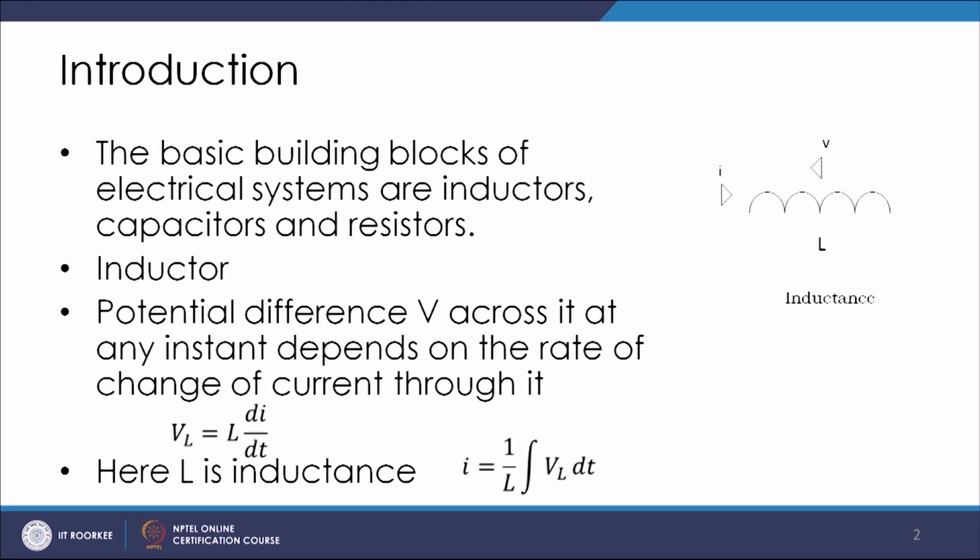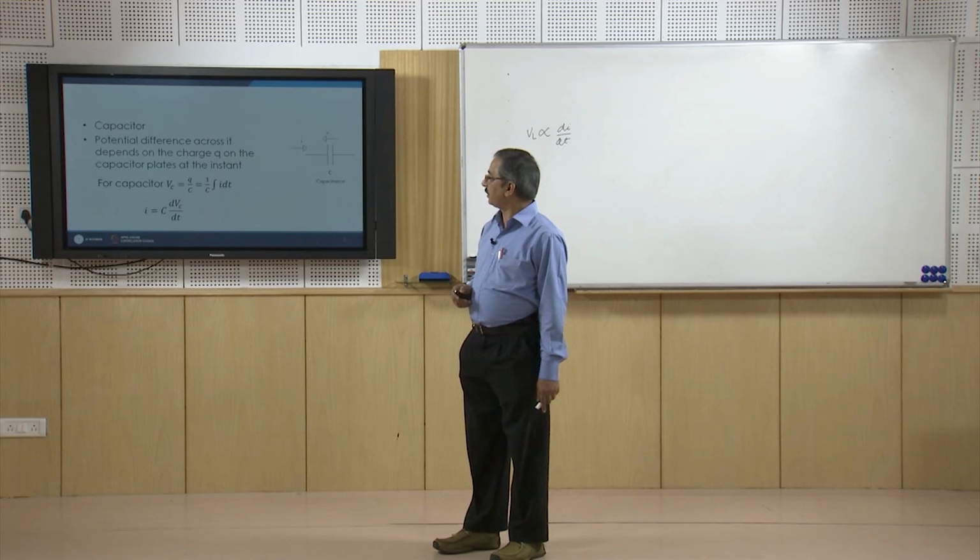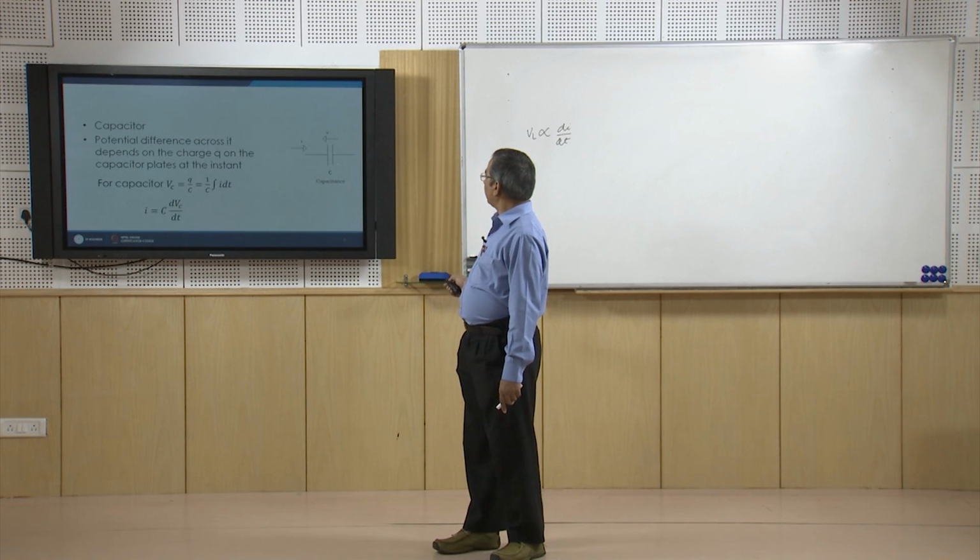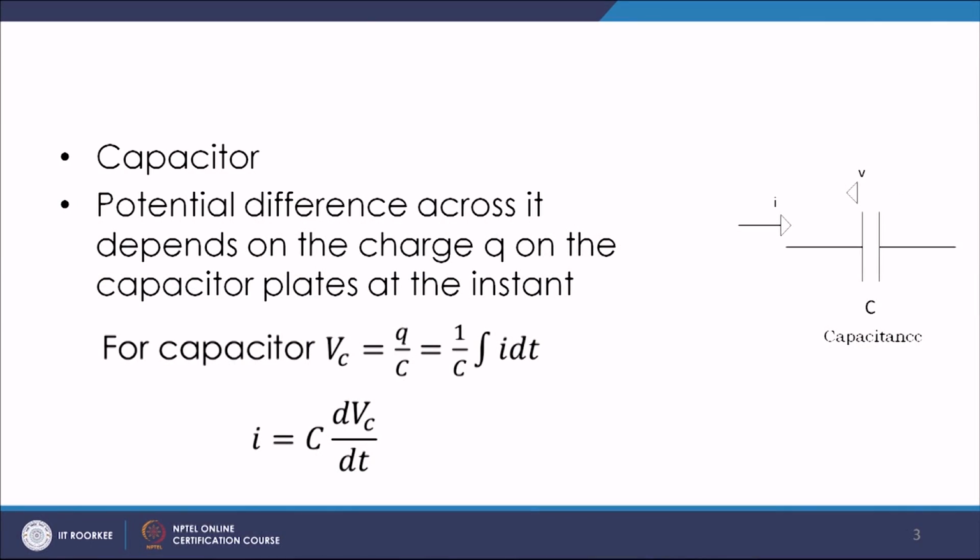The next basic building block is the capacitor. You can see here the schematic of a capacitor. This is the direction of current I, and this is again the direction of the back EMF V. The capacitor can be defined as an element whose potential difference depends on the charge Q on the capacitor plate at any instant.